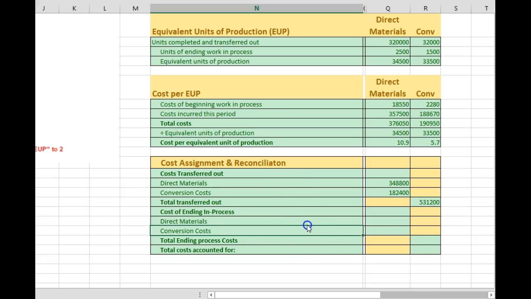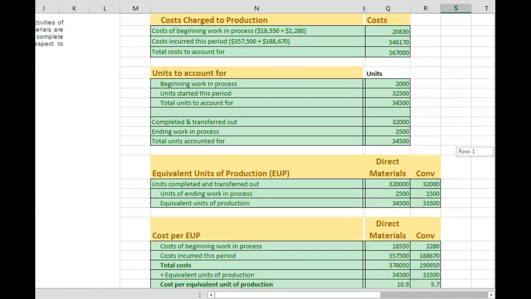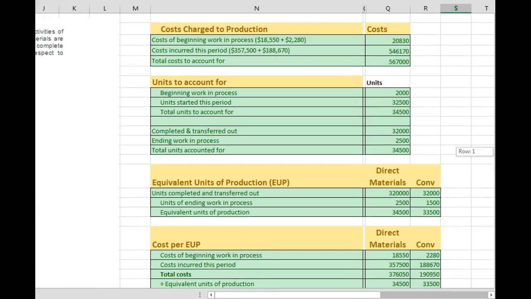So just multiply those out and get your numbers of 27,250 and 8,550, and that will give you an ending work in process of $35,800. Add those two together, what are you supposed to come up with? $567,000. And that is how you do a cost summary sheet.